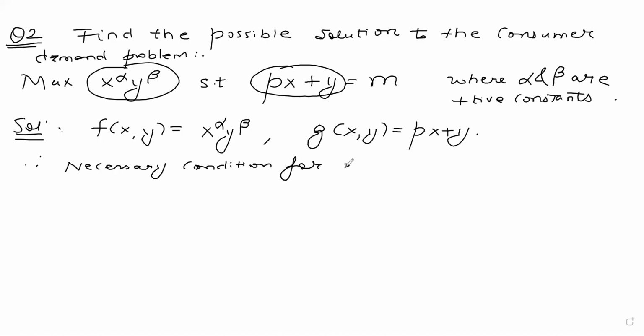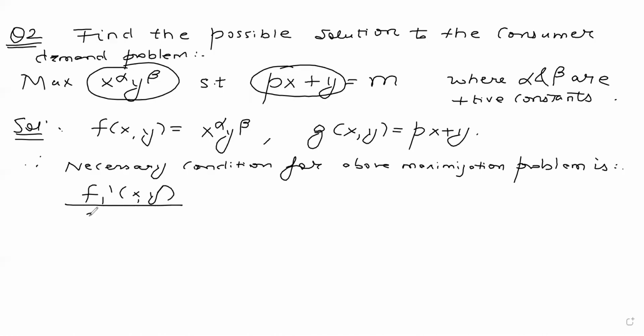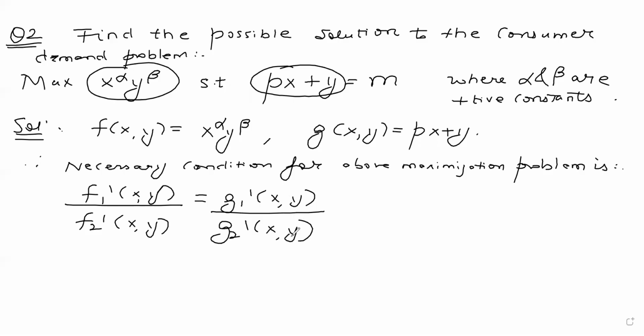The necessary condition for the above maximization problem is f1 dash xy upon f2 dash xy equals g1 dash xy divided by g2 dash xy. Okay, so this is our necessary condition.